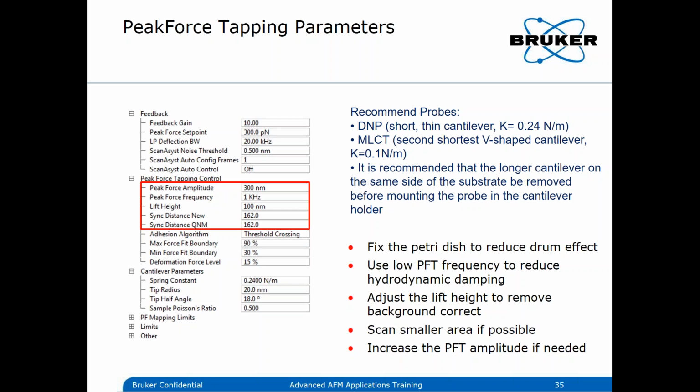You should adjust the lift height to remove the background correctly. You can also scan a smaller area if possible, and increase the PeakForce amplitude if you have to go over high features.